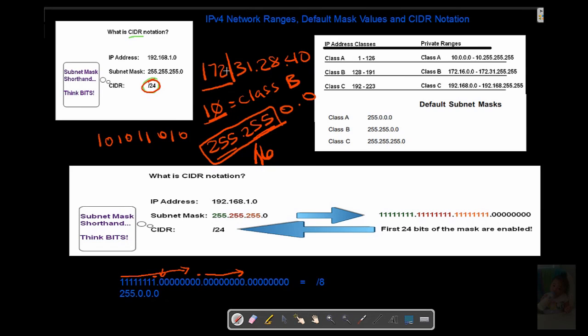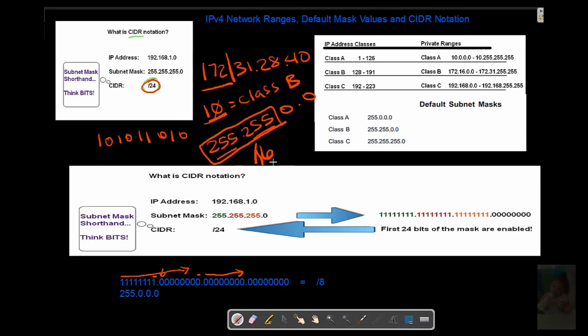If we get a default mask value, a slash 24, a slash 16, or a slash 8, we should be able to associate that back to a class, and we should be able to understand from a default mask value our network portion and our host portion. We should understand where the network ID is, where the broadcast is, what the network range is, and we should also understand our CIDR notation.